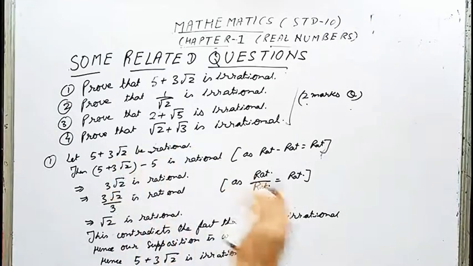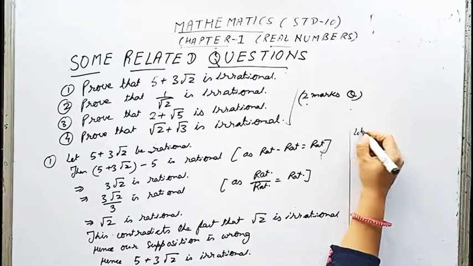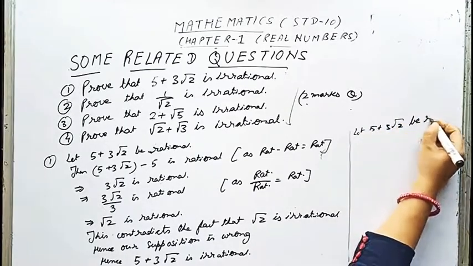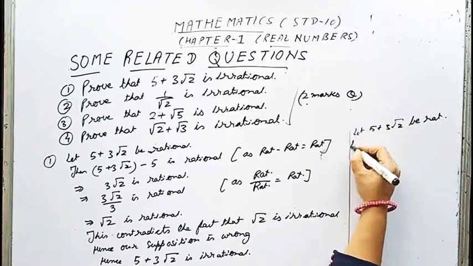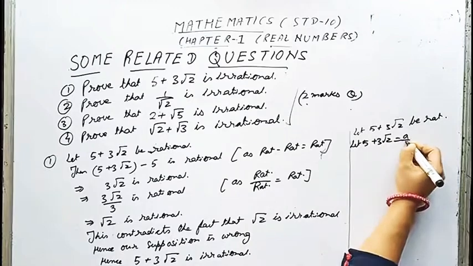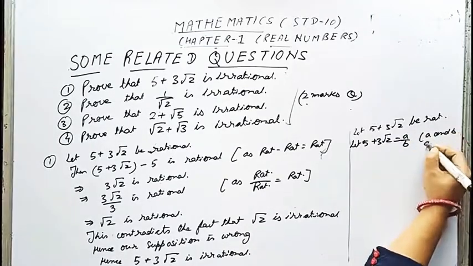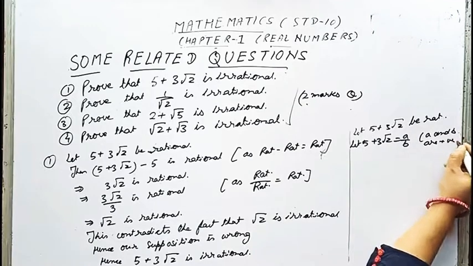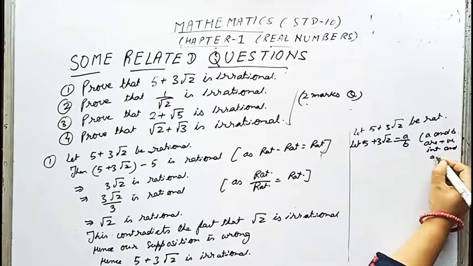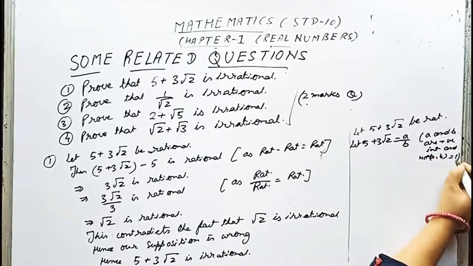Now this sum we can do by one more method. Let 5 plus 3 root 2 be rational. So let 5 plus 3 root 2 equal a by b, where a and b are positive integers, and the HCF of a and b equals 1.